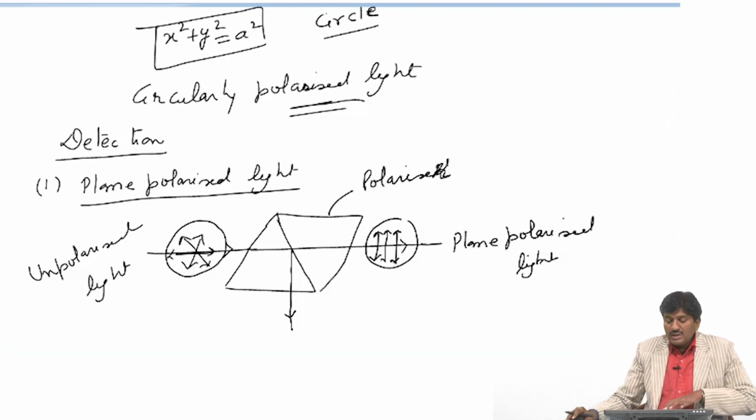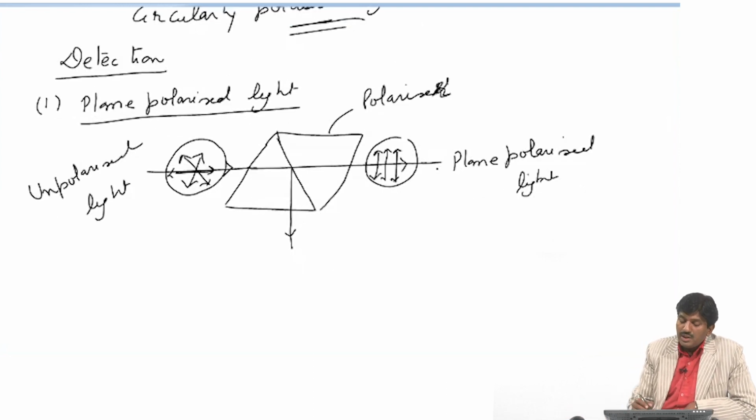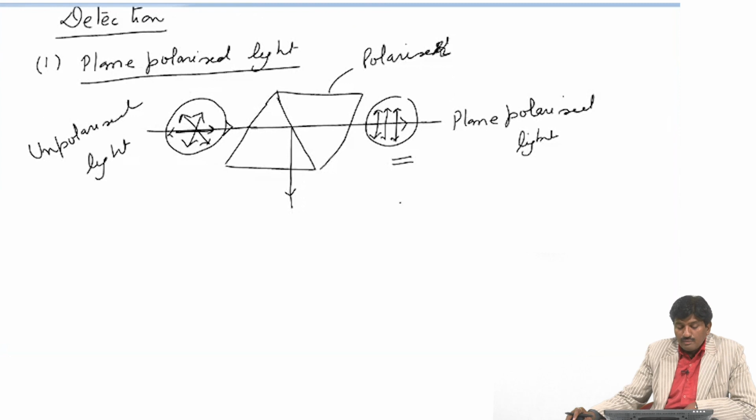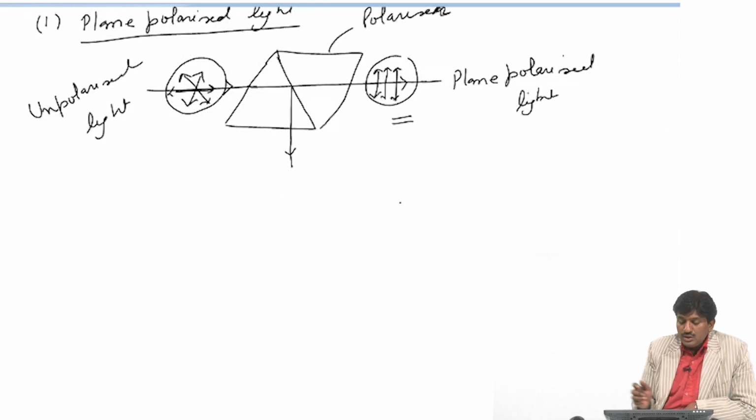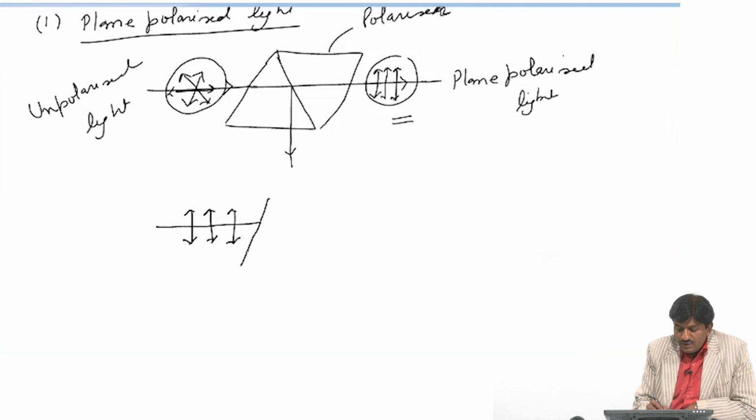Now, we want to detect whether this light is plane polarized or not. Again, we use a Nicol prism. Suppose this is plane polarized light. Again, we pass this plane polarized light through a Nicol prism.